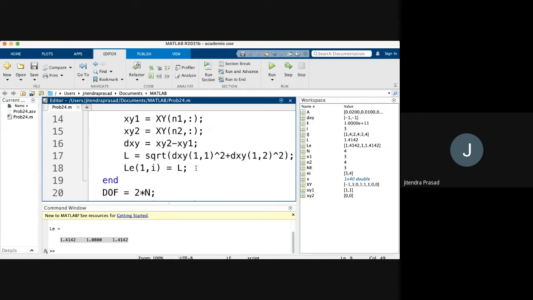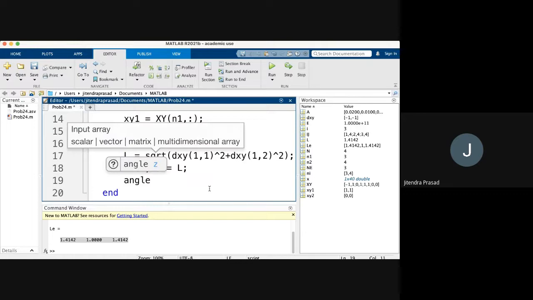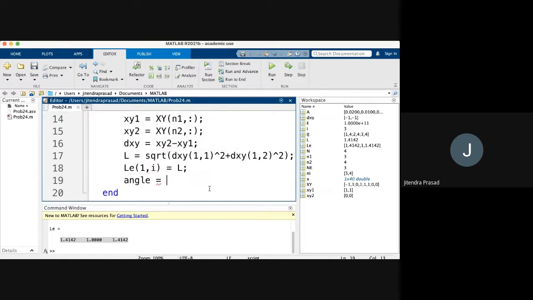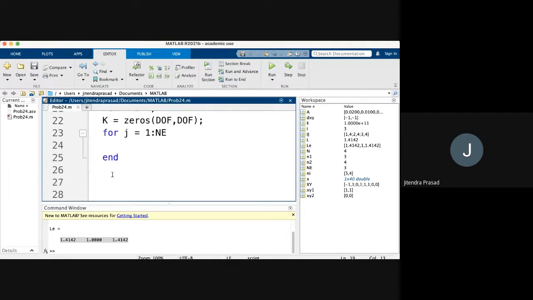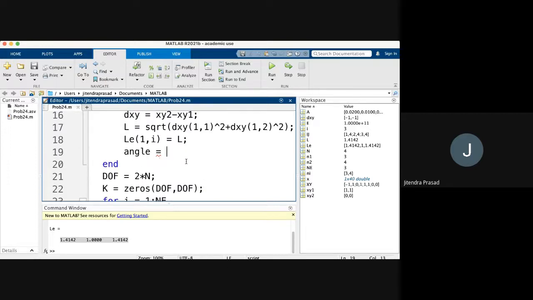Okay, fine. Now length we have found out and we have put like that. What will be the angle? So angle is equal to, how do you find out? If you know the coordinate of the two, you can find out angle. So let's say you have x1 and x2, then y1 and y2.